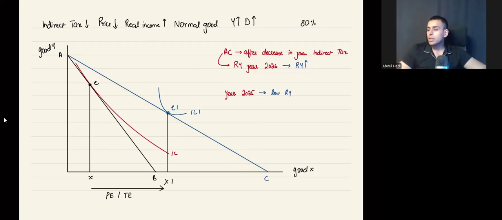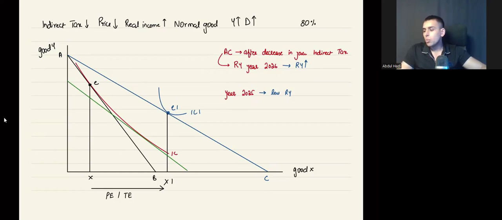According to the income consumption curve, whenever you show the case of income, there is always a shift in the budget line. So this AC is year 2026. If I represent year 2025 in this diagram, I will have to show a shift like this, which tells me that this year's income is less than next year's income.